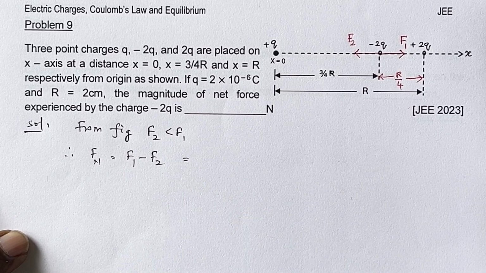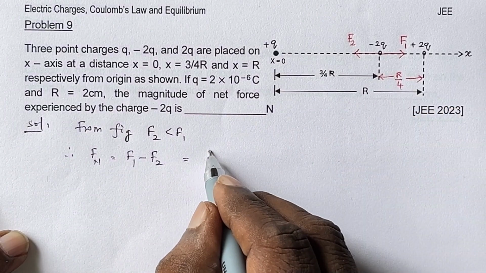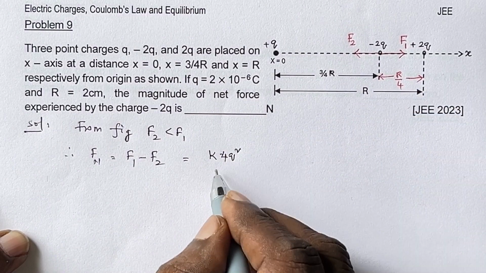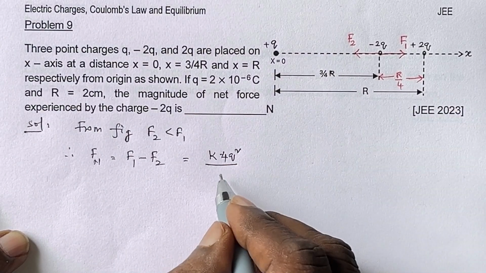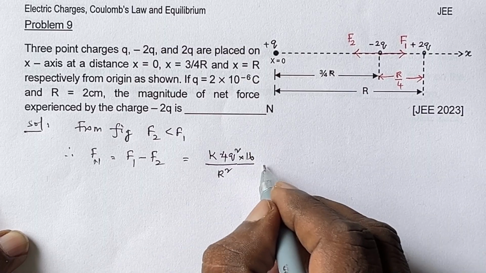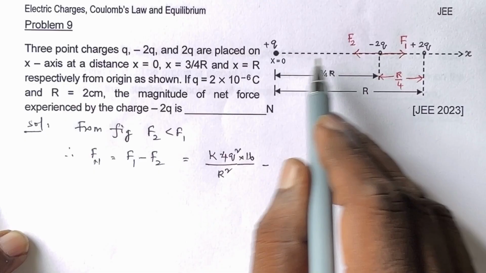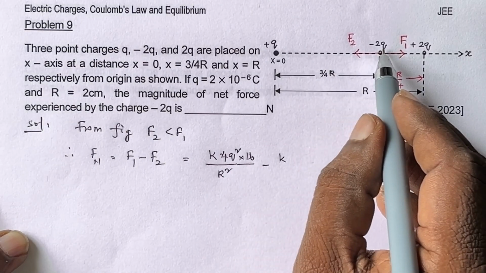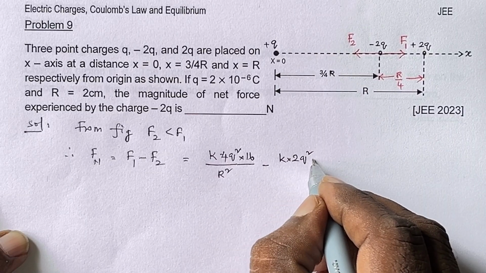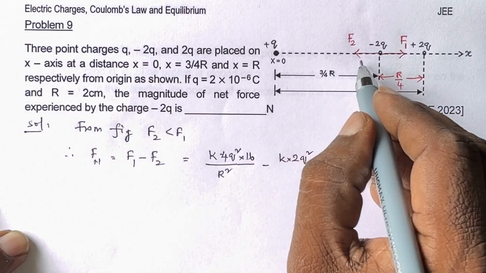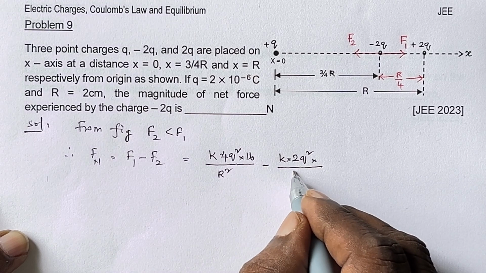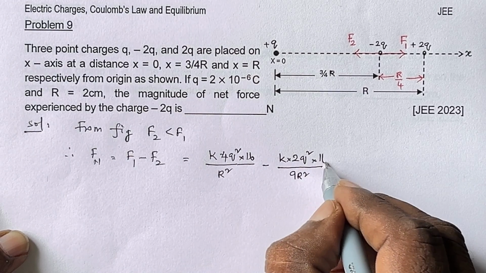What is F1? K into 2Q into 2Q, 4Q square, by the distance R square by 4 squared, so R square by 16, minus the force between these two, K into 2Q into Q, 2Q square, by distance 3 by 4 R square, so 9R square by 16.